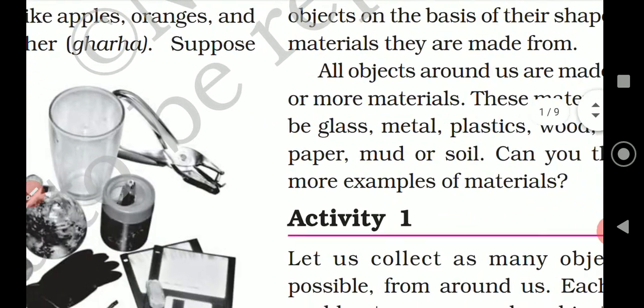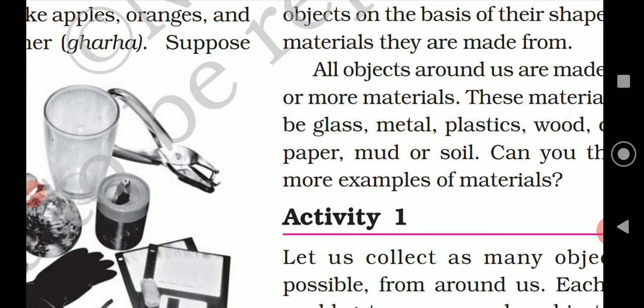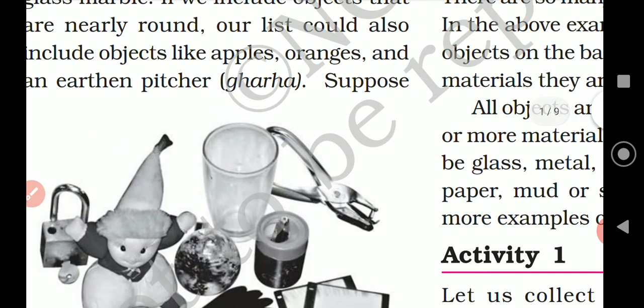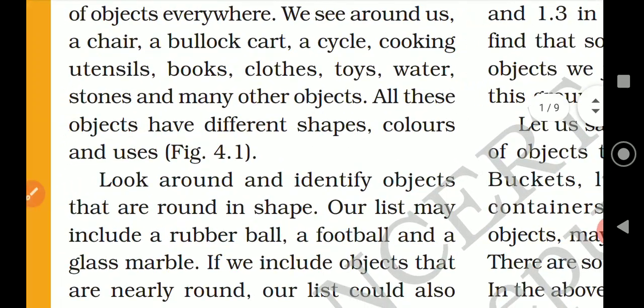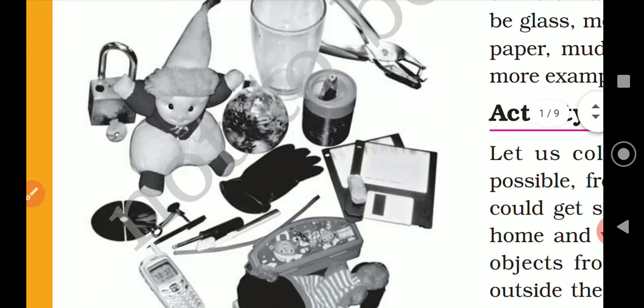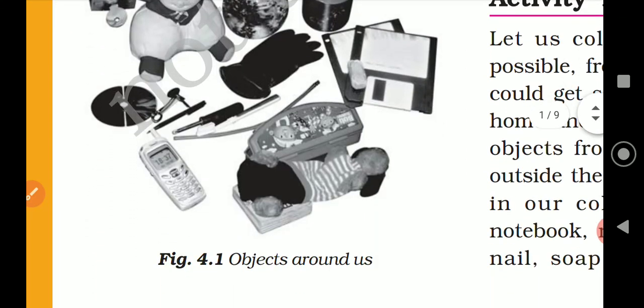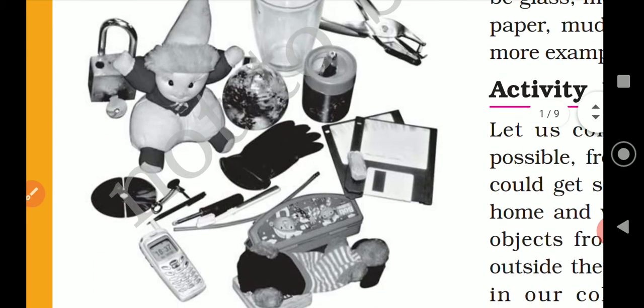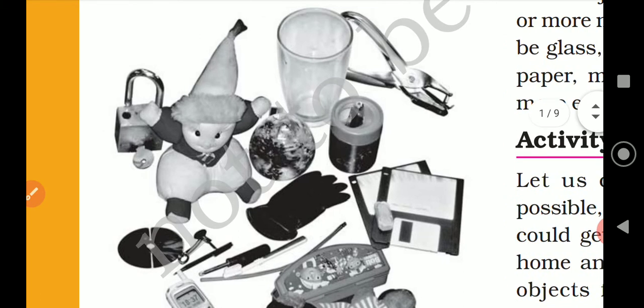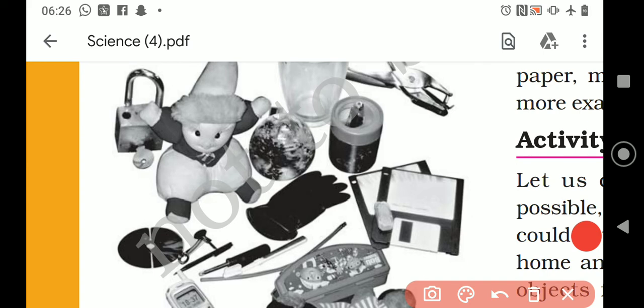So here in activity 1, there are so many things collected. You can see here figure 4.1, these are the figures. There are so many objects collected in 4.1. You can see what not is here.